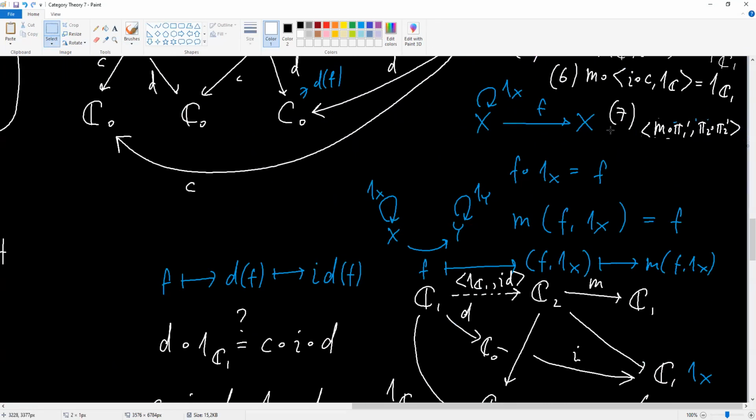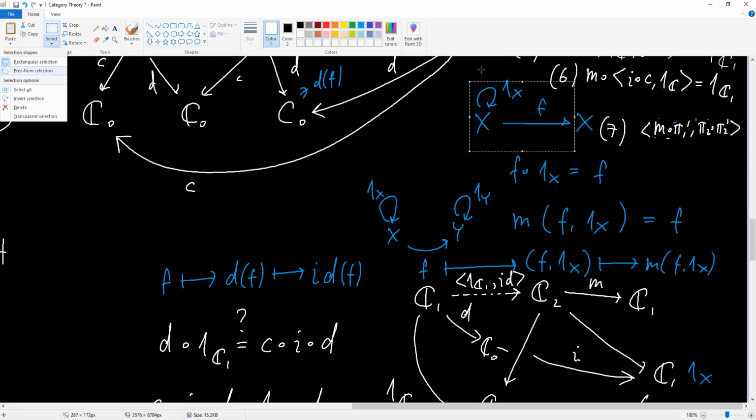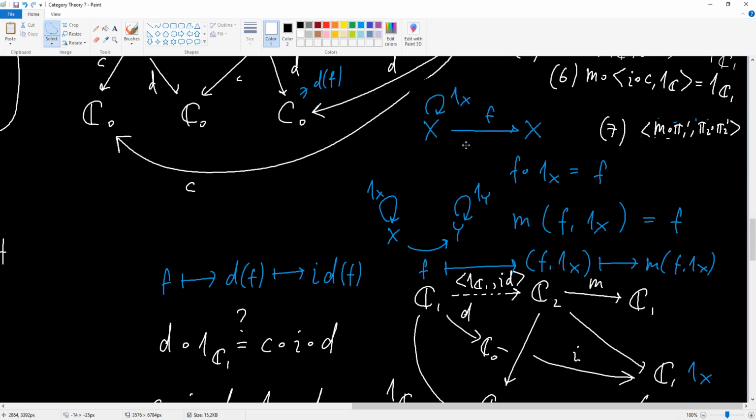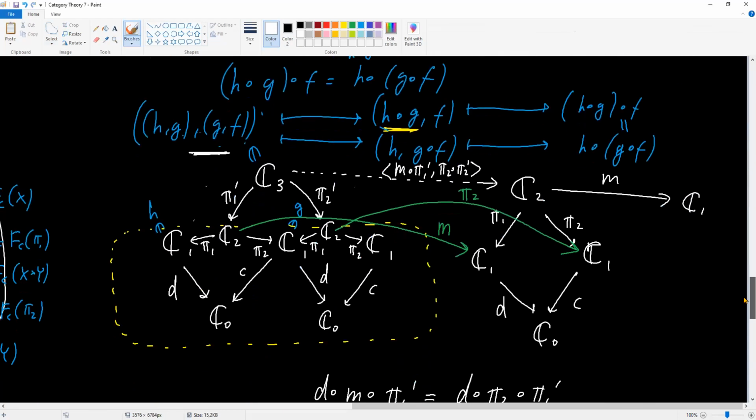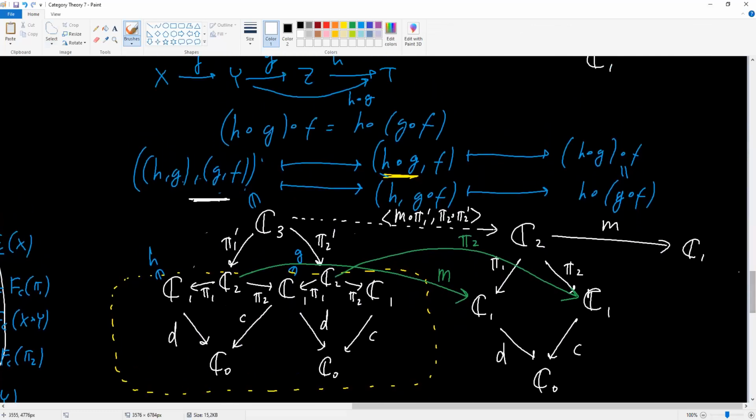So we've got M composed with that thing. And that I want to be equal to a scenario where we do something similar, but we swap things around.